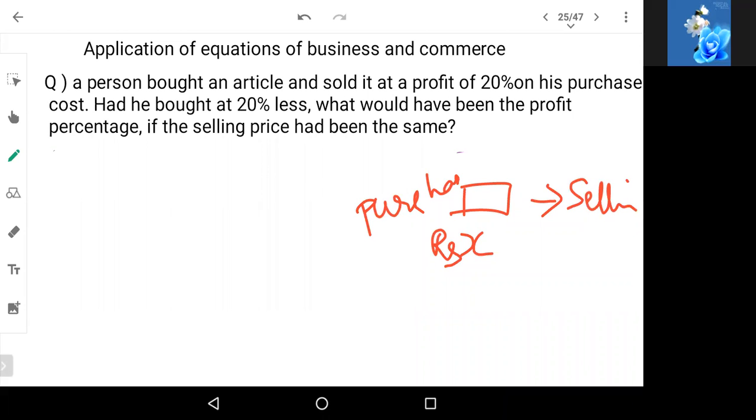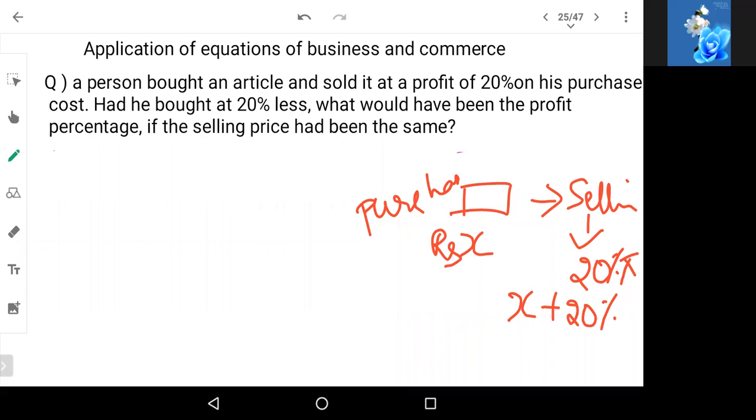Okay, he is selling it at how much? He is selling it at 20% profit. Okay, when he is selling it at 20% profit, it means that he is selling at X plus, X was the purchase price, correct? So X plus 20% profit he is trying to sell.